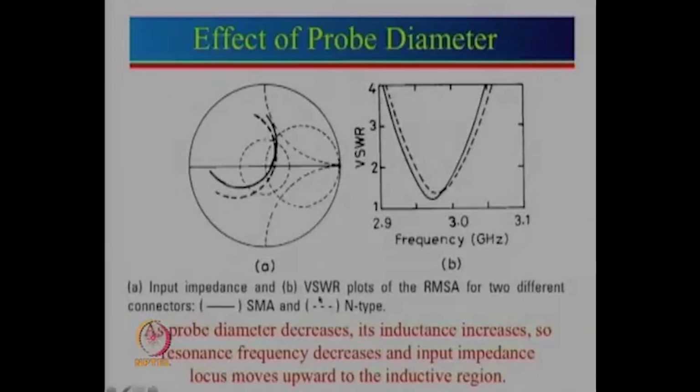Here we can see the two plots, this is for N type and this is for SMA. We can see that this curve is shifted up. Why? Because for N type the diameter is more, for SMA the diameter is less. Less diameter will have more inductance, and more inductance means the whole curve is shifted up. You can see that there is an inductive shift to this particular curve here.